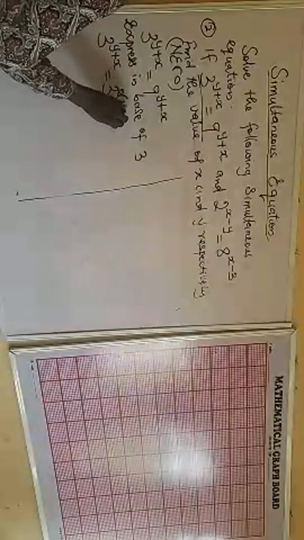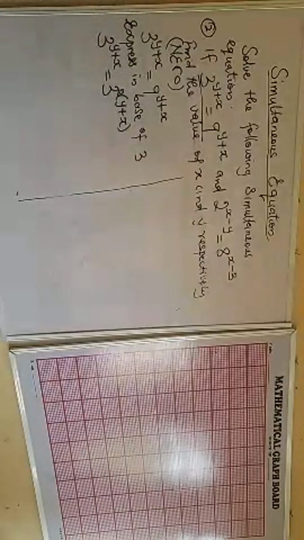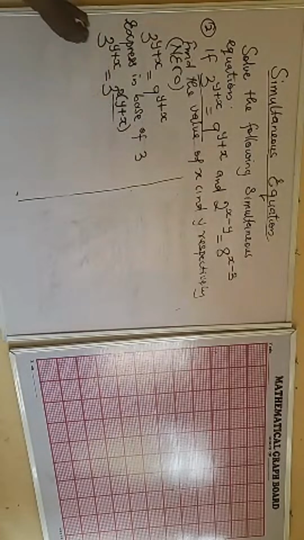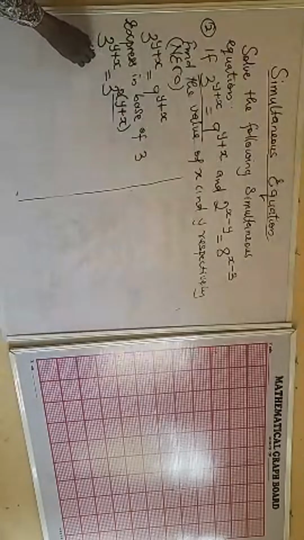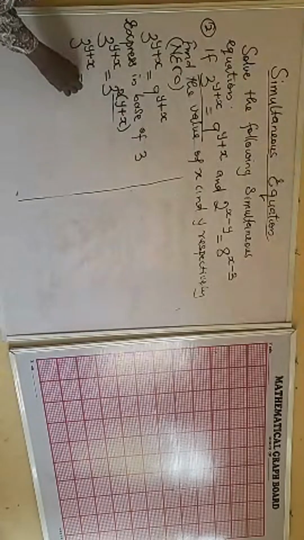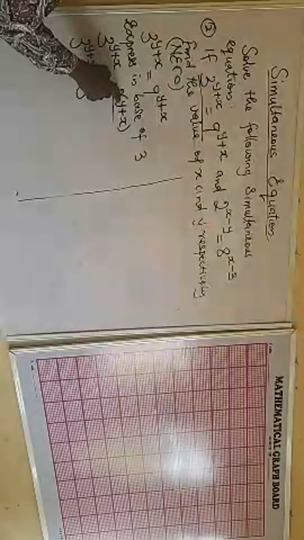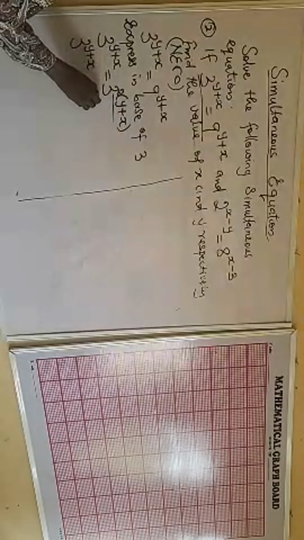into y plus x. Okay, let me clear this bracket here. So here is 3 raised to power y plus x is equal to 2 times y, which is 2y.